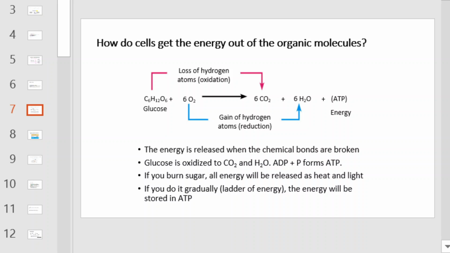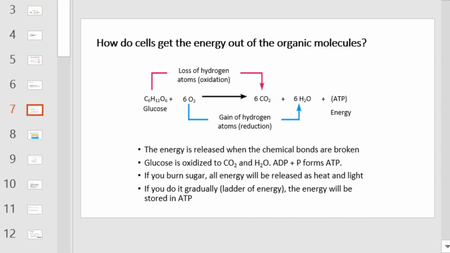In this reaction sequence, energy is released when the chemical bonds are broken in glucose. Glucose is oxidized to carbon dioxide and water. ADP harnesses that energy to form ATP. If you burn sugar, all the energy will be released as heat and light.